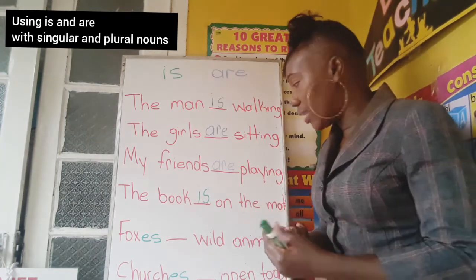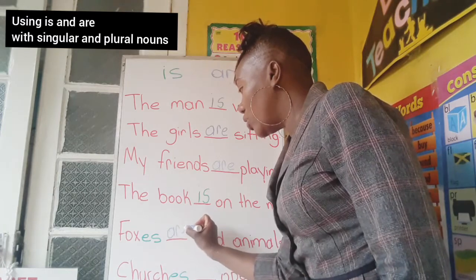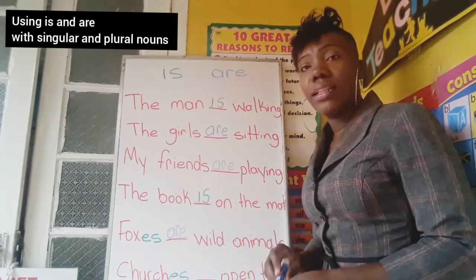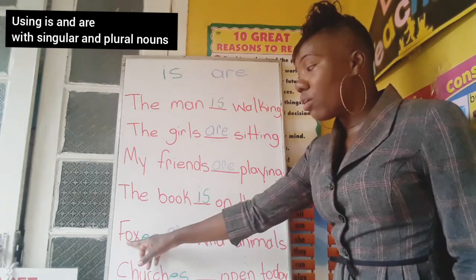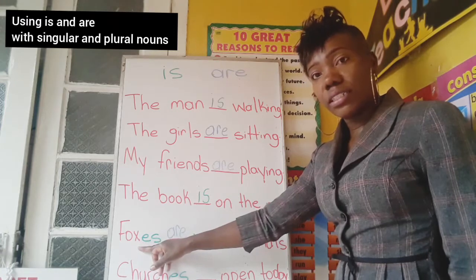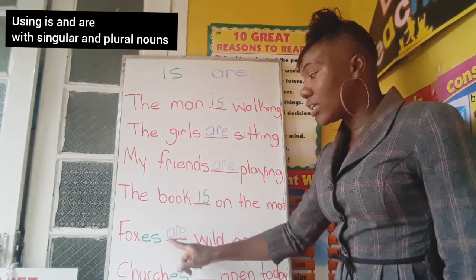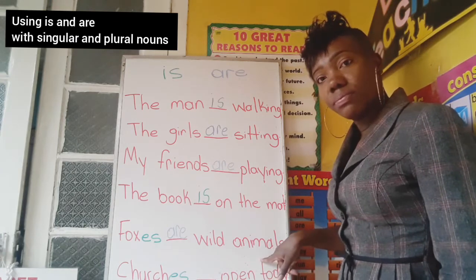Are. Nice. Very good. Are. Because we use are when the noun is plural. And the noun that they're talking about now is foxes. This is more than one foxes. So we say foxes are wild animals.